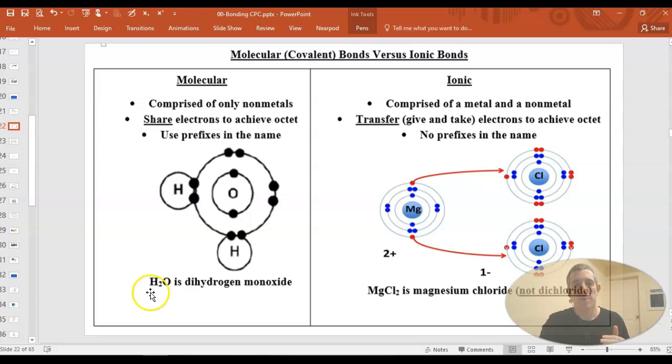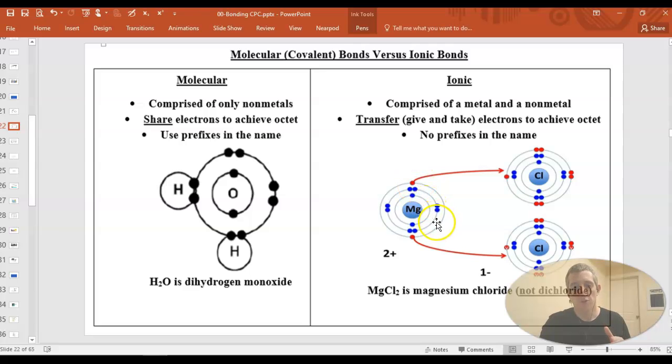And then the other type of bonding is transferring electrons. We're still dealing with valence electrons, but instead of sharing their valence electrons to work themselves up to filling up their energy levels, we're going to transfer. So in this case, magnesium is losing its valence electrons, which has 2. You can see the 2 red ones.